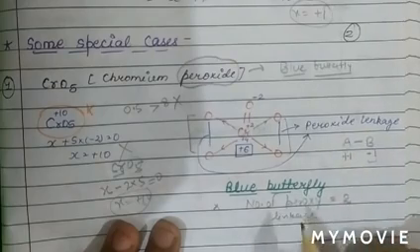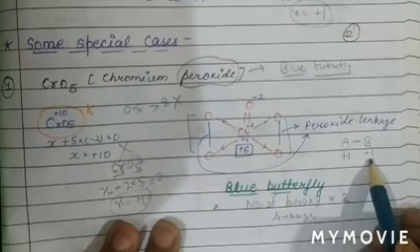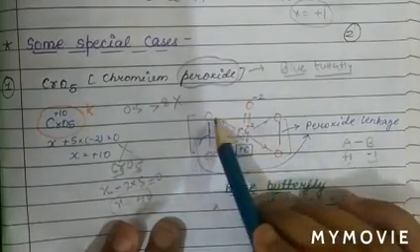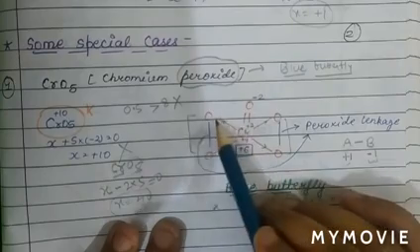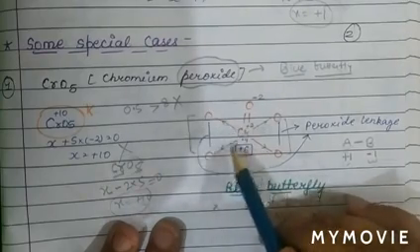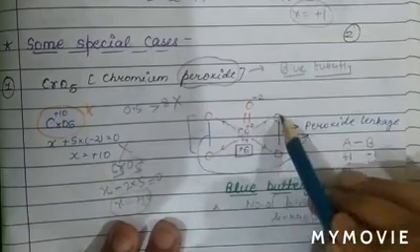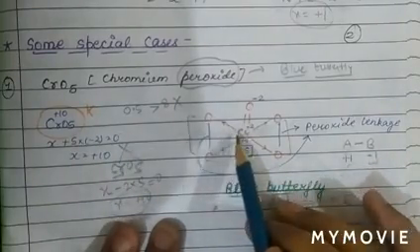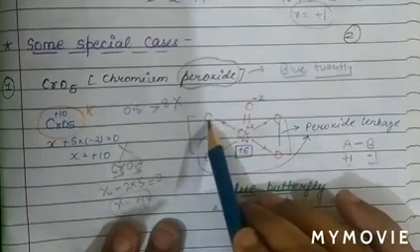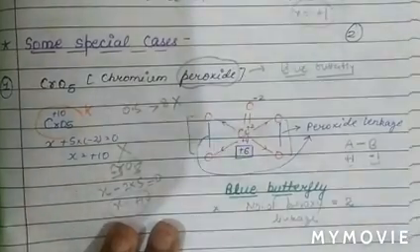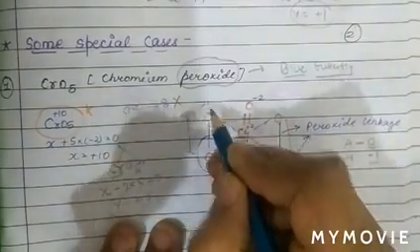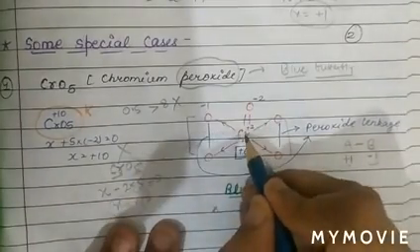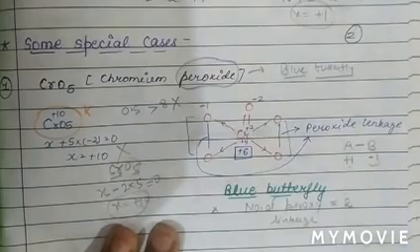For example, there is a single bond between chromium and oxygen, again chromium and oxygen. If there is one bond between chromium and oxygen, oxygen is more electronegative, therefore the charge on oxygen will be -1 and the charge on chromium will be +1.